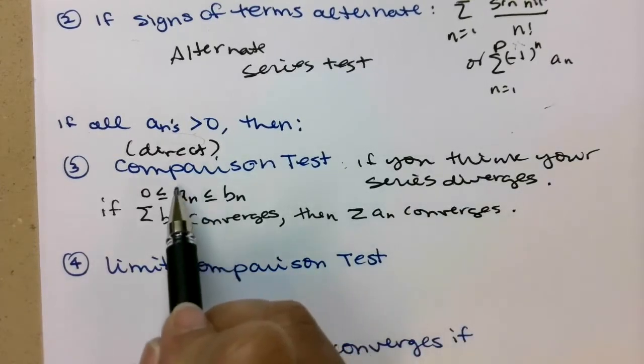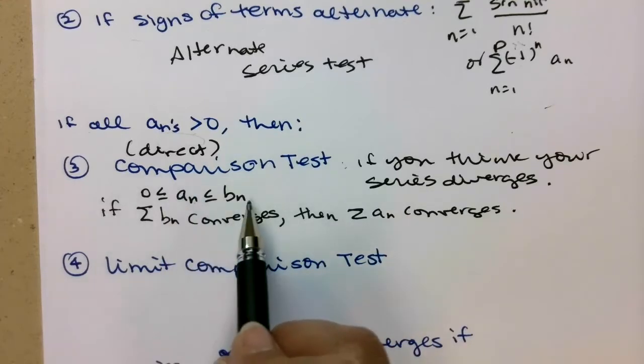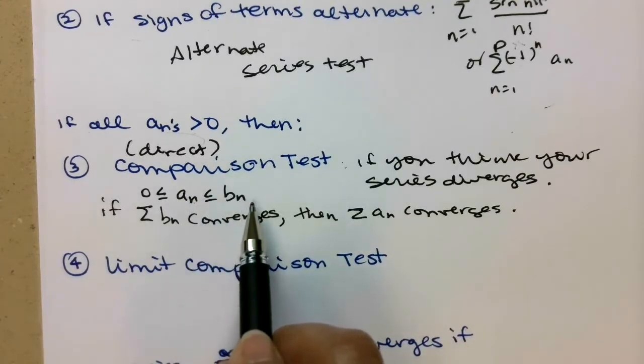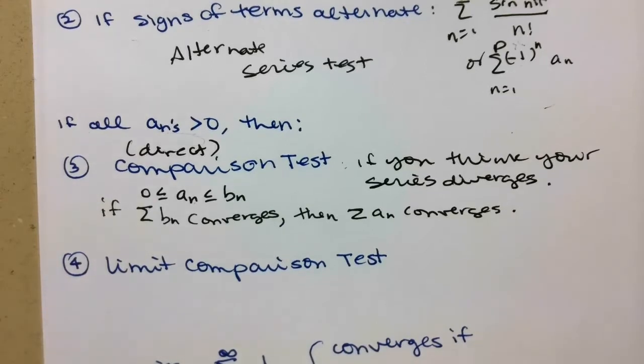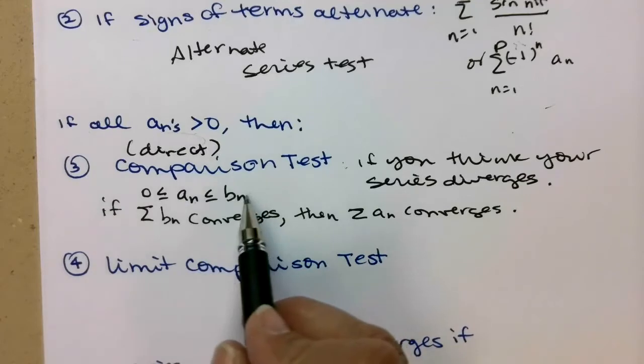For this one, a sub n is the one that you're given. You know something that's always bigger than it that converges, something you just know in your head. So since it's always bigger, the one that I'm given will converge.